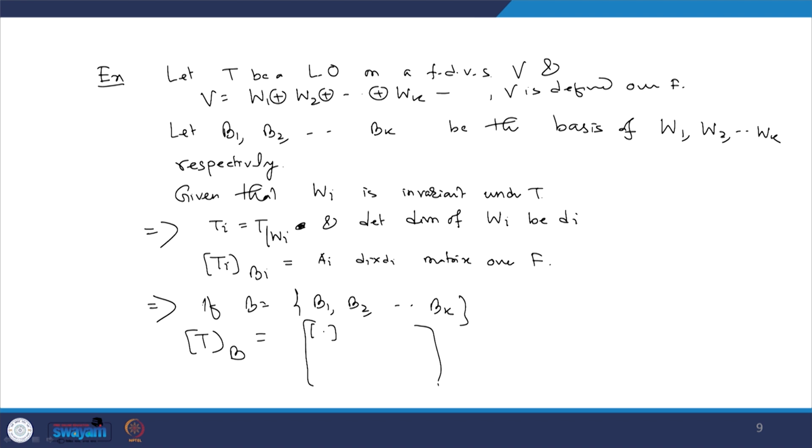Let us consider A1, which is D1 cross D1, then again I will have a second matrix, say A2, D2 cross D2, and Ak, Dk cross Dk. So, I will have the matrix representation of T with respect to the ordered basis B like this.